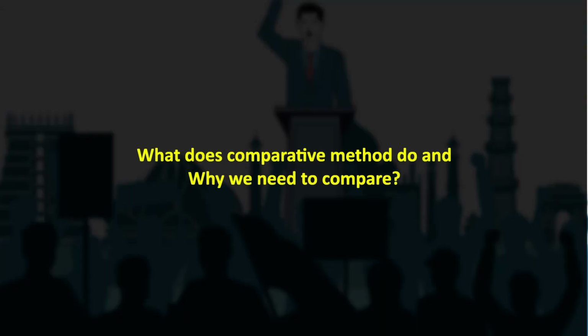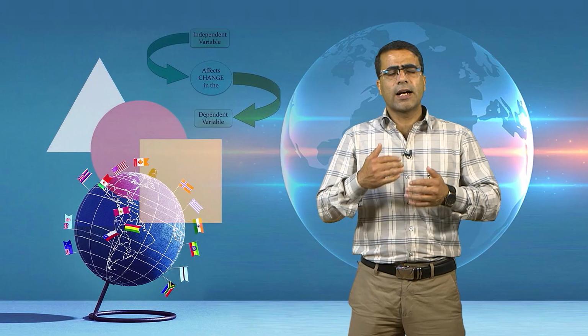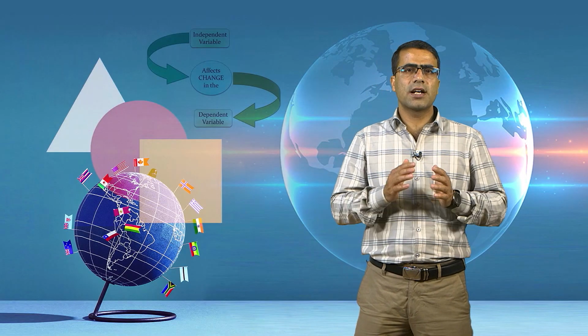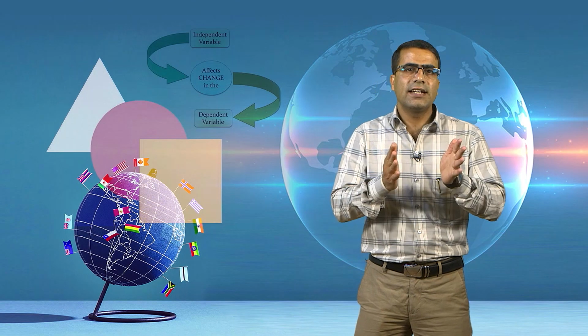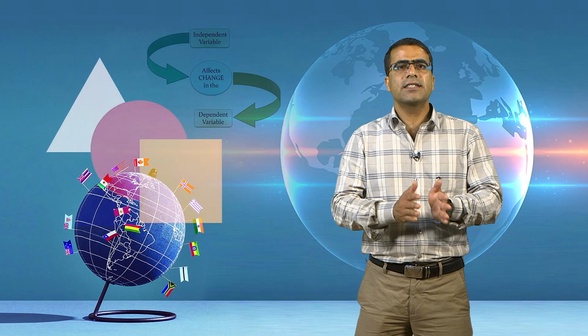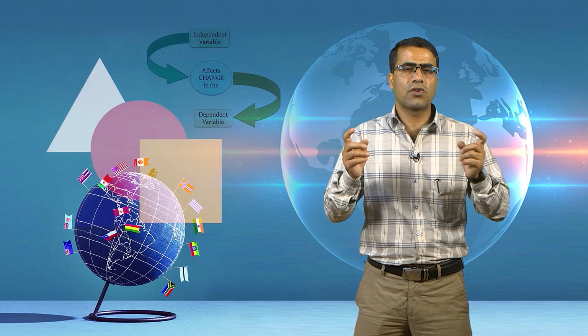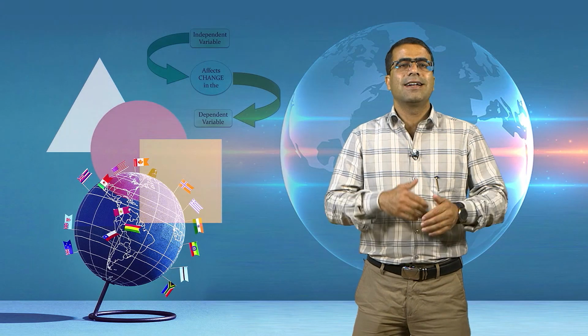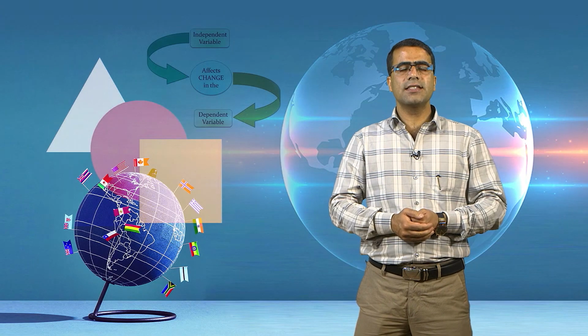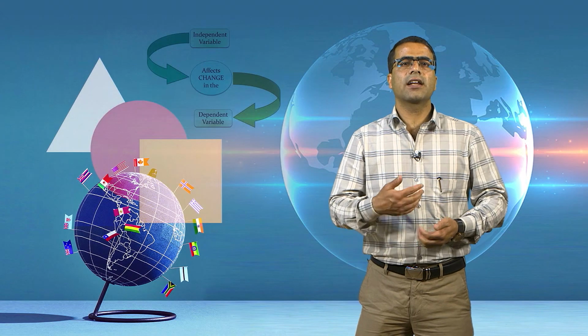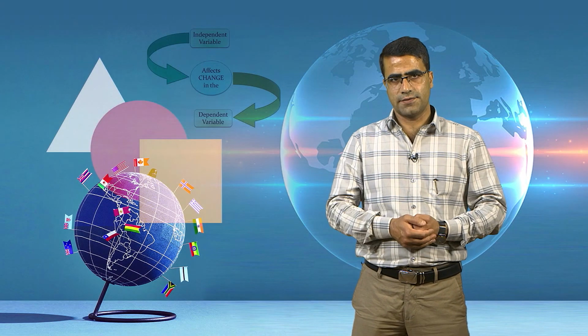Now, dear students, we need to understand what comparative method does and why do we need to compare. The comparative method helps us to study the similarities and differences as the basis for developing what is called a grounded theory, then testing hypotheses and producing reliable generalizations.